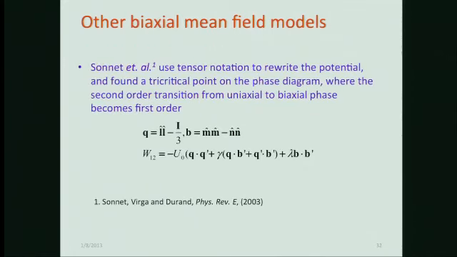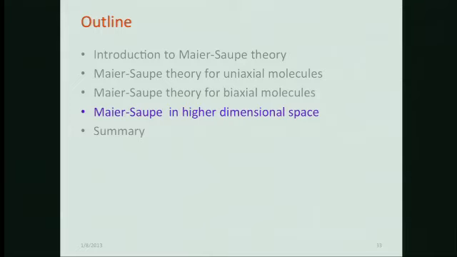And Sonnenberg and Durand used a tensorial notation to rewrite its potential. In addition, they found a critical point on the phase diagram where the second order transition from uniaxial to biaxial phase becomes first order. Okay, so that is for biaxial molecules.